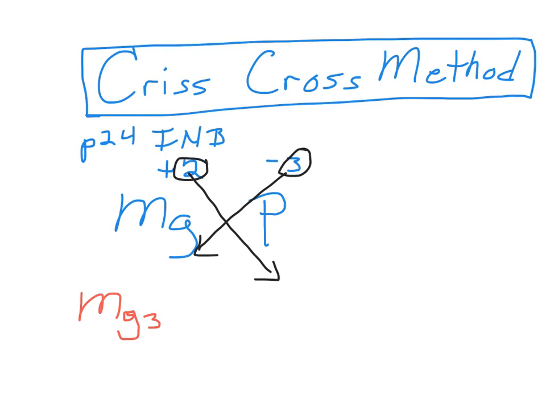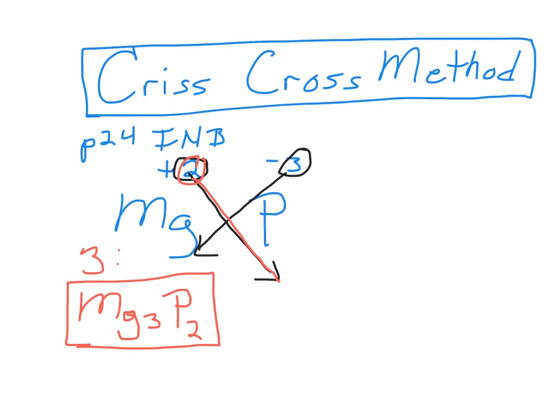The phosphorus is going to have the 2 from magnesium. Now these numbers are no longer a charge. So there's no positive, there's no negative, it's just the number. And what this means is that you have 3 magnesiums for every 2 phosphorus. And this gives you the correct oxidation number.